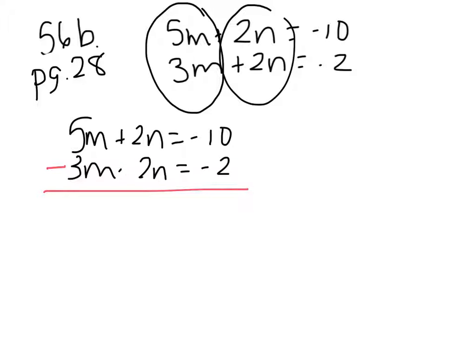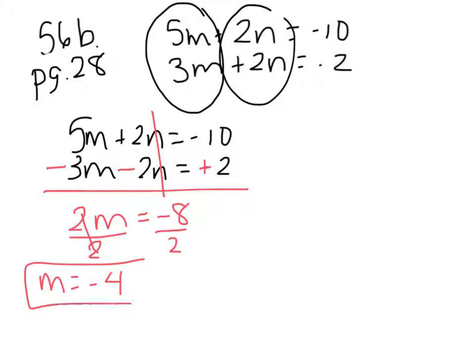My plus 2n becomes now a negative, and my negative 2 becomes a positive 2. So now when we add them together, we have 2m, the n's go away, and it's now equal to negative 8. We can divide both sides by 2, so m equals negative 4. We were able to eliminate a variable by subtracting them.